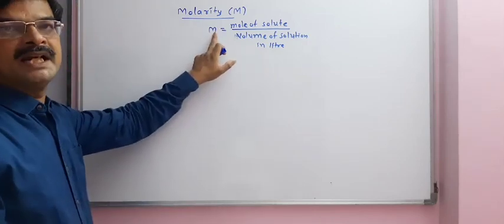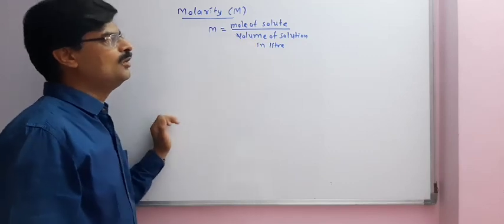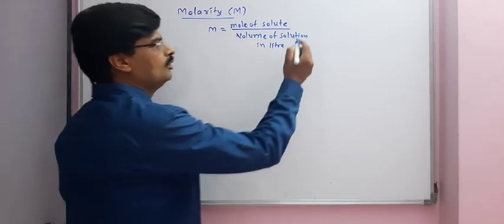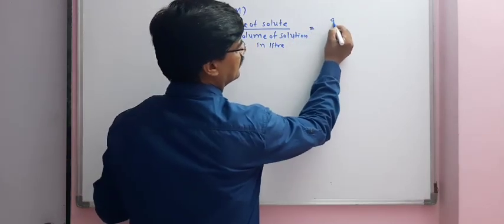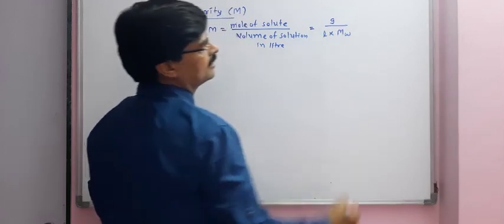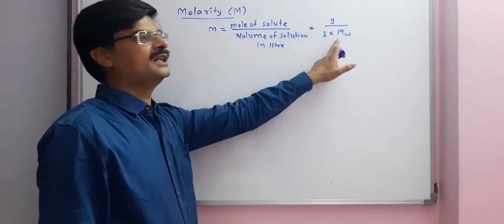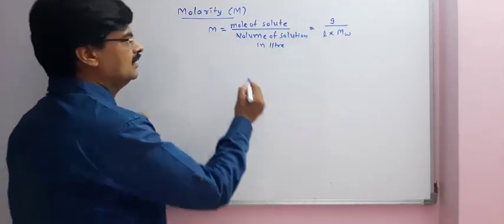Once more, molarity is equal to mole of solute divided by volume of solution in liter. Also, it can be denoted as gram per liter into molecular weight or molecular mass. Molarity is equal to gram per liter into molecular weight.